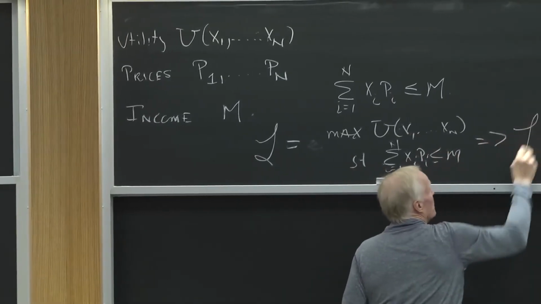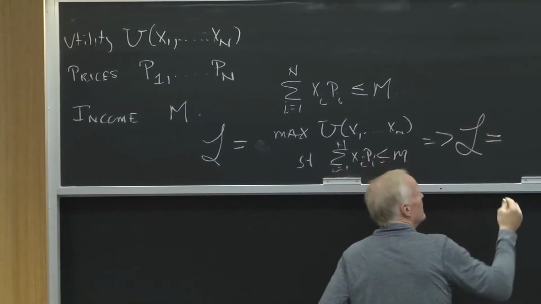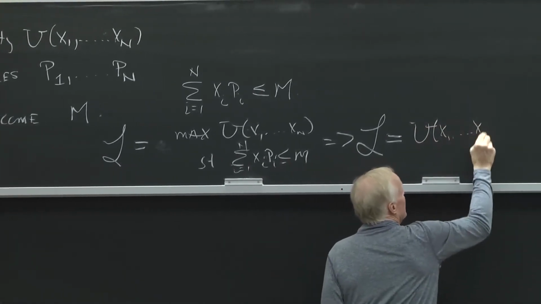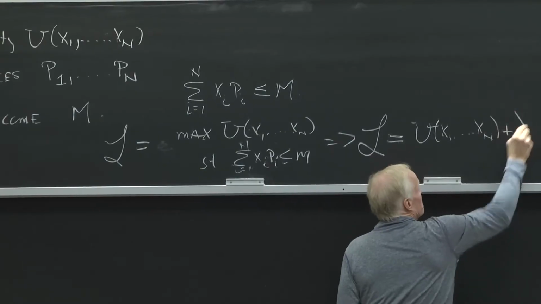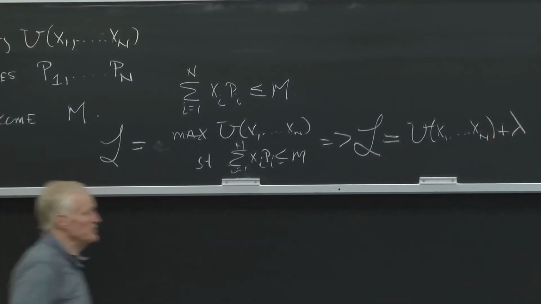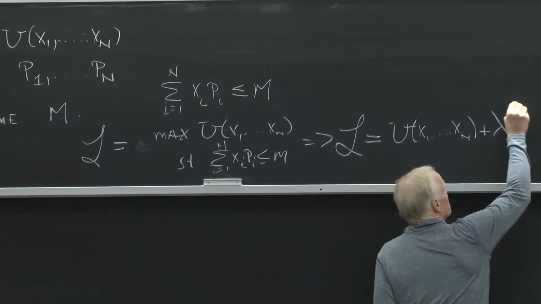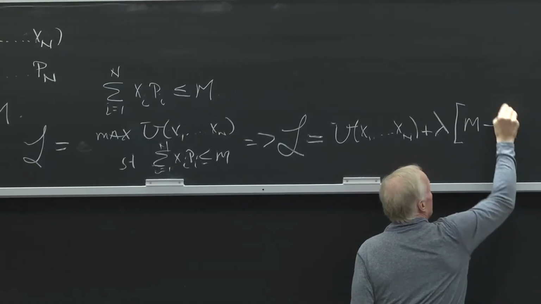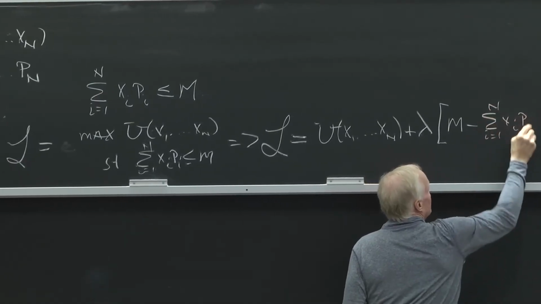That implies my Lagrangian can be written as u of x1 up to xn plus this magic multiplier lambda, which represents the power of the budget constraint, times m minus the sum from i equals 1 to n of xi pi.